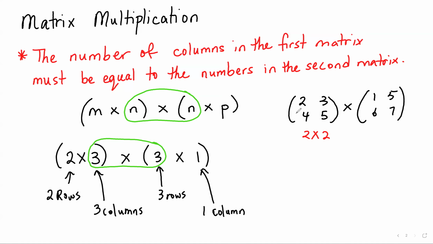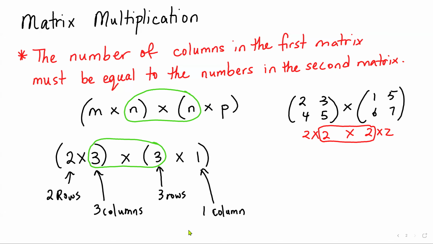It has two rows and two columns. It can be multiplied by the second matrix because the second matrix also has two rows and two columns. So you see the two: the number of columns in the first matrix is equal to the number of rows in the second matrix.